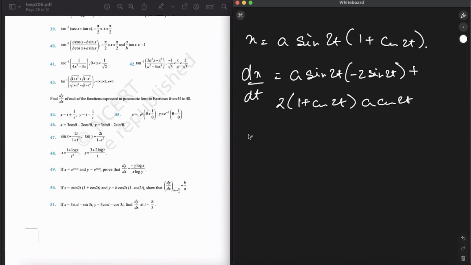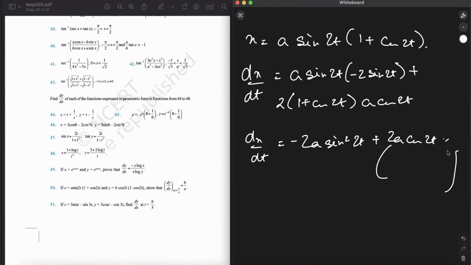So finally dx by dt will be minus 2a sin square 2t plus 2a cos 2t in brackets (1 + cos 2t). That completes the dx by dt term.